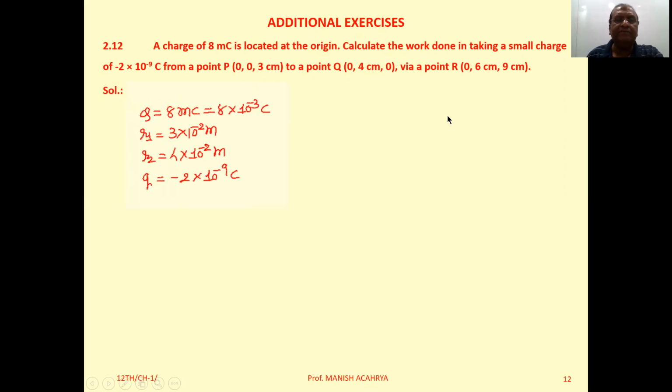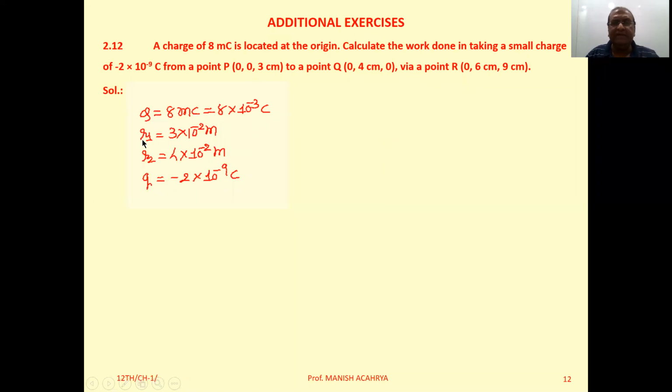Now see here, at the origin, charge capital Q, that is 8 millicoulomb, that is 8 × 10^-3 coulomb, is placed. Now one point, (0, 0, 3 centimeter). It implies that point P is at a distance 3 centimeter from the origin.